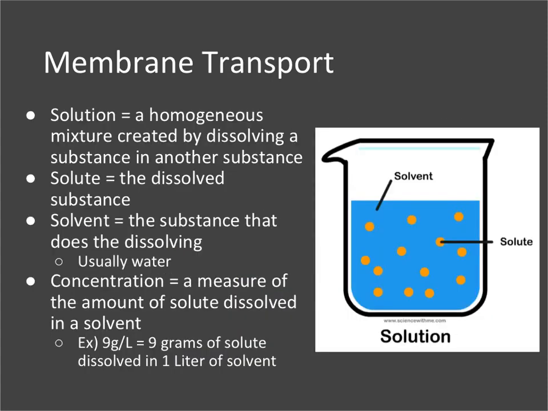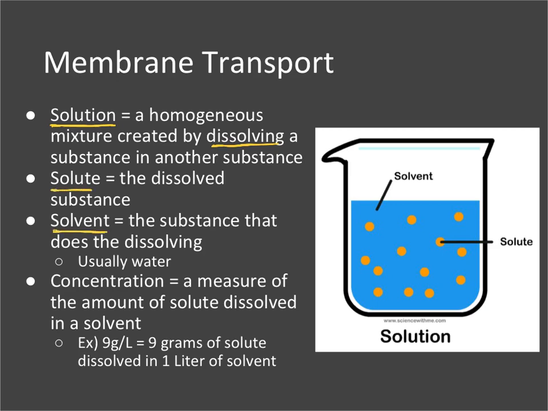Before we talk about those different types of transport, we first have to do a little bit of a review as to what a solution is. A solution is where something is mixed into something else, so this involves dissolving something in something else. The components of these solutions are solutes and solvents.